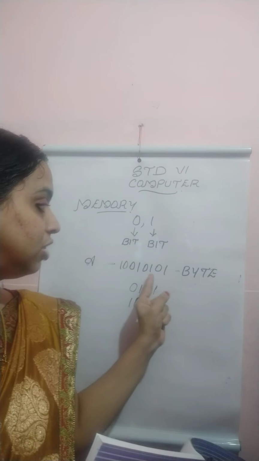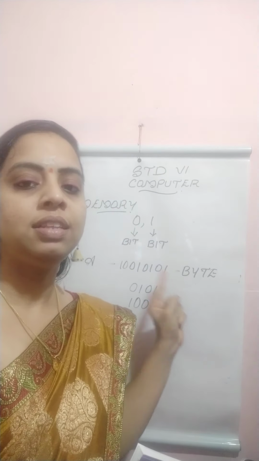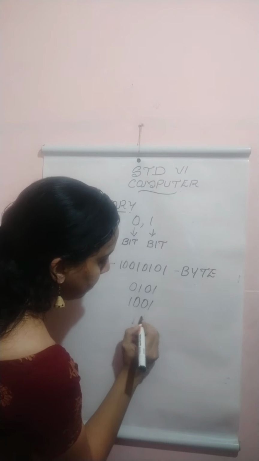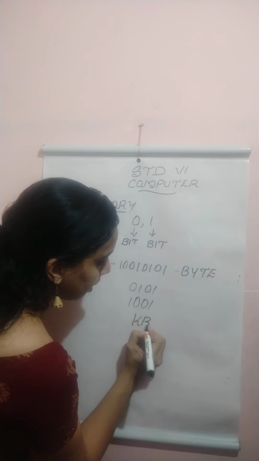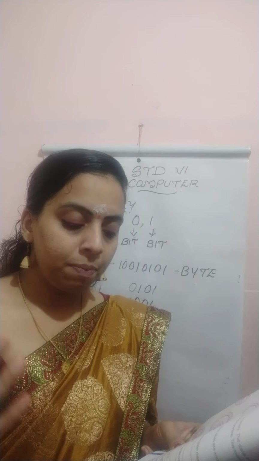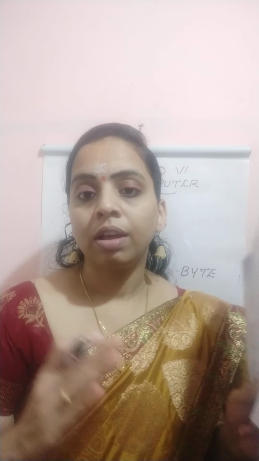So 1024 bytes is known as 1 kilobyte, and its unit is represented by KB. Kilobyte, KB. Okay, next, megabyte. 1024 bytes is known as 1 kilobyte. 1024 kilobytes is known as 1 megabyte.